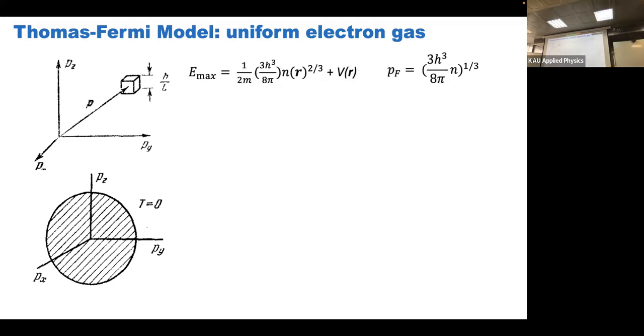That's why the Thomas-Fermi model is some pre-density functional theory. It was the first step, and then based on that step, Hohenberg and Kohn created density functional theory. So we have this energy from N, from electron density.